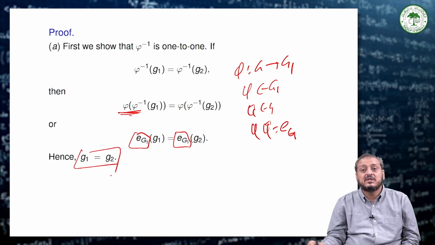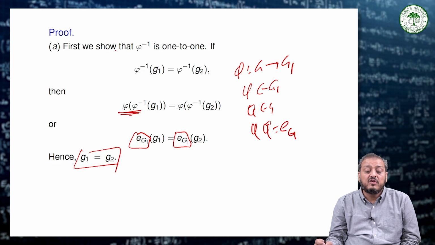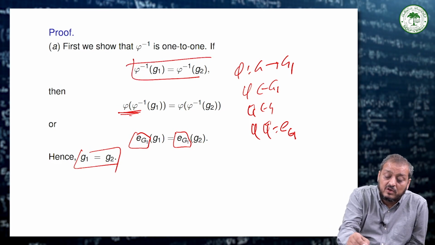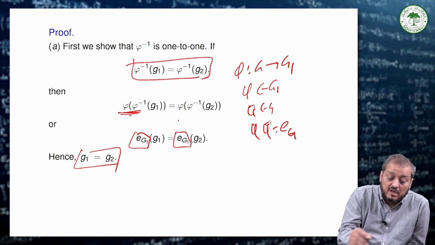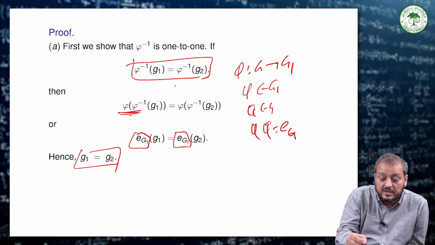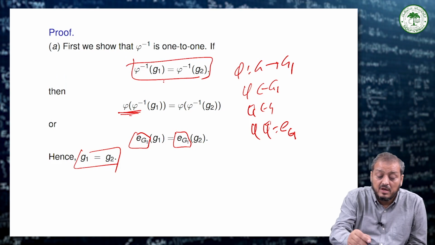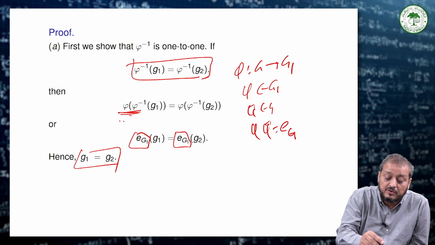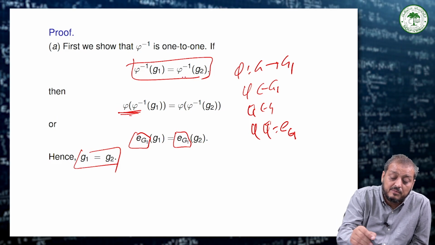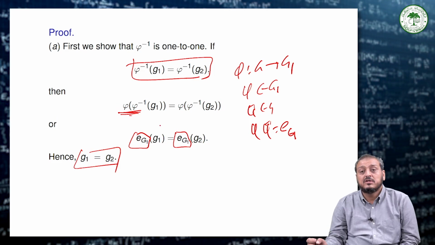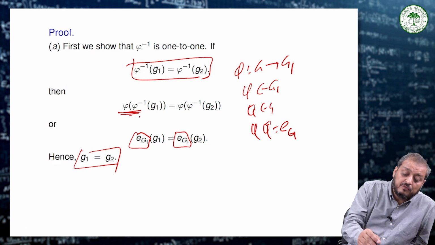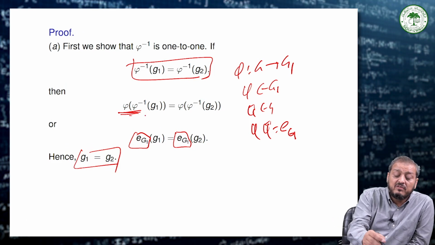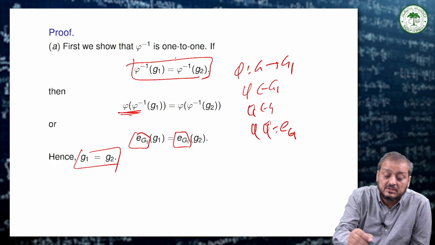So we can simply say that phi is 1-1, meaning if a and b are elements of G and phi of a is equal to phi of b, then a equals b.